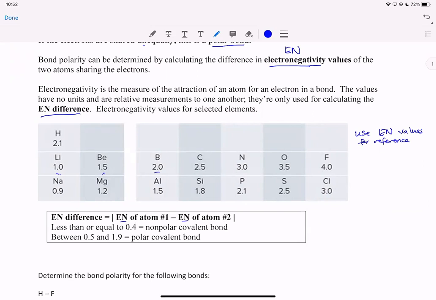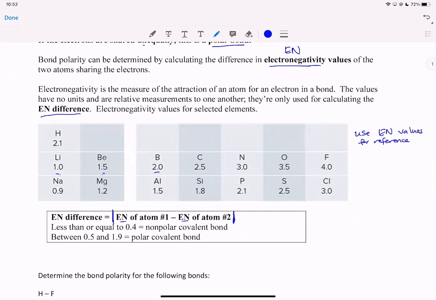A molecule might have 5 or 10 or 30 atoms, but an individual bond only has 2 atoms. So if you have a molecule with 5 or 10 or 30 atoms, each bond has its own calculation for the electronegativity difference. You can only do the calculation for the 2 atoms in the bond.